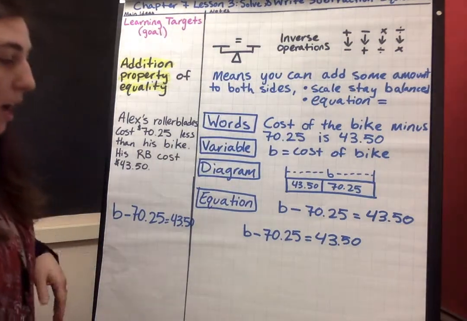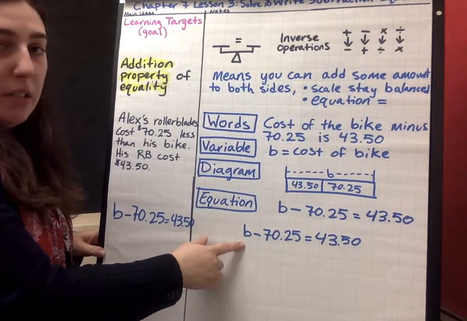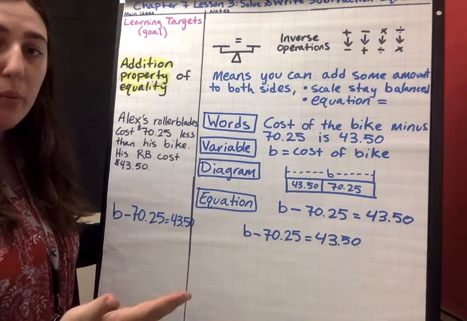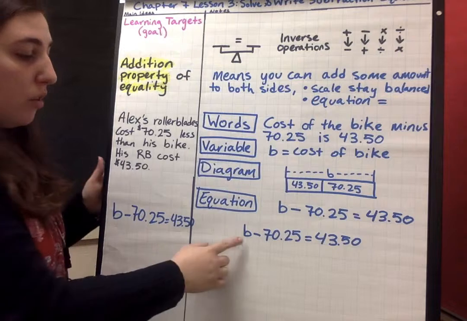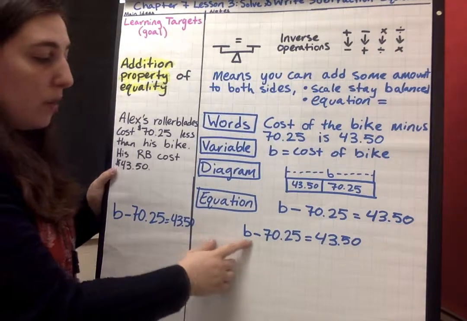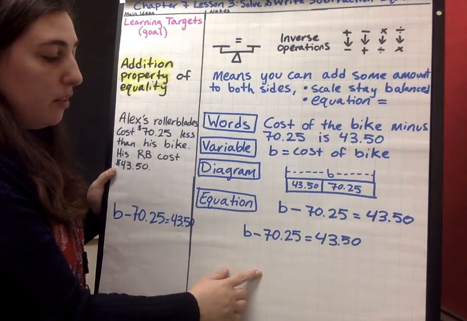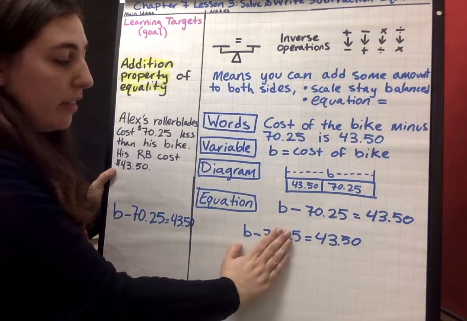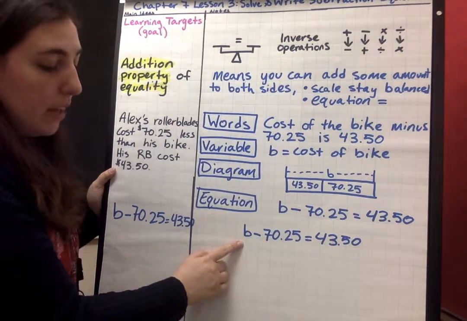Well, I want to find out what b is. I don't know what it is. That's our variable. It's an unknown number. So this is what I want to find out. So I'm going to add some amount to this so that I get nothing but b on this side.